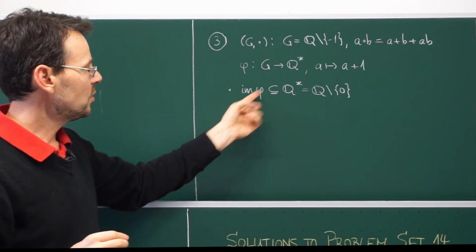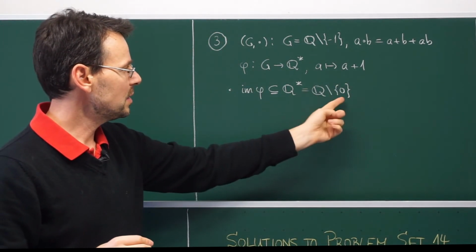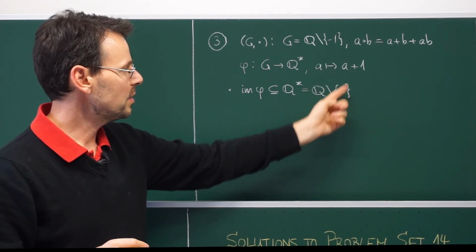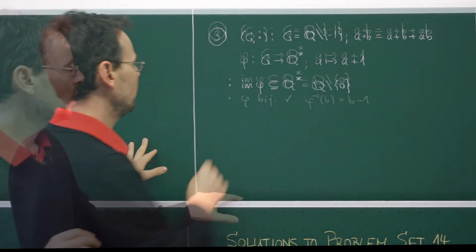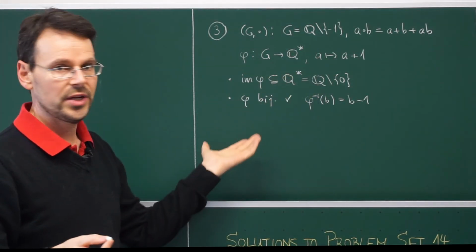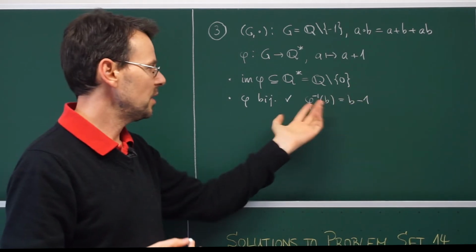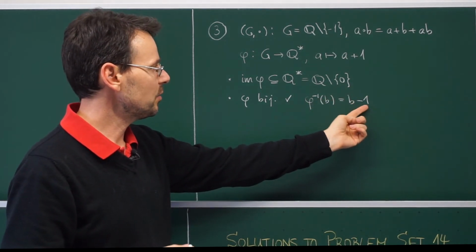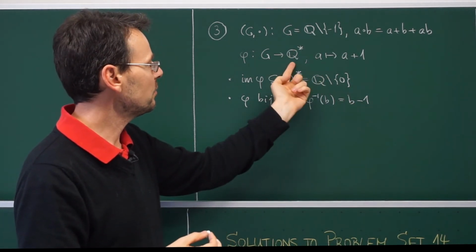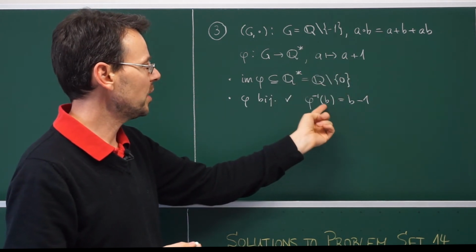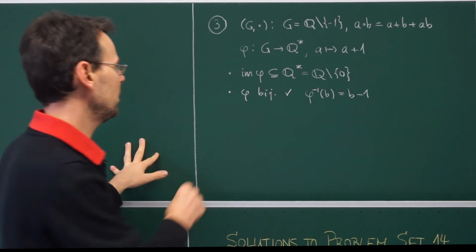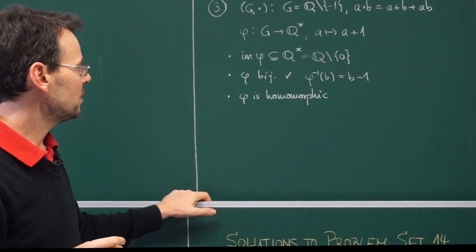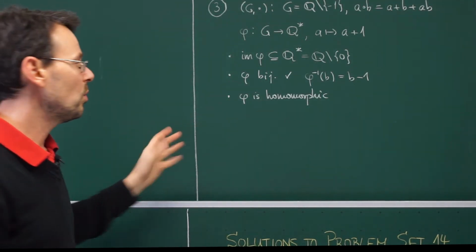So clearly the image of this map is a subset of this here, because I cannot end up with 0, because -1 is missing in my group G. Okay, clearly this is a bijective map, because the inverse map clearly is simply subtracting 1, so phi inverse going from here to there would be given by b gets sent to b minus 1. So bijectivity is clear. So all that is left to check is, is phi indeed a homomorphism?